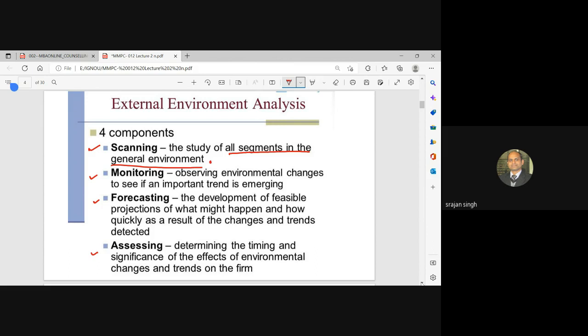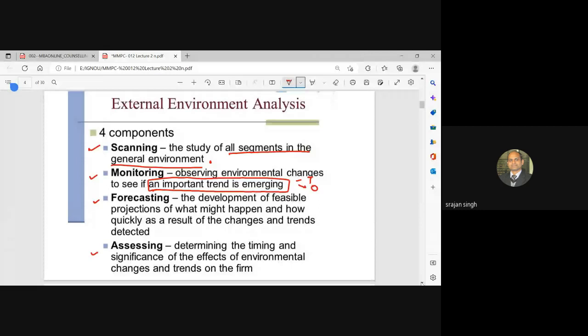Then monitoring, observing environmental changes to see if an important trend is emerging. If there is any important trend emerging, then this trend needs to be addressed properly, because the changing environment could be a threat for the business, or it might also bring an opportunity to the business.